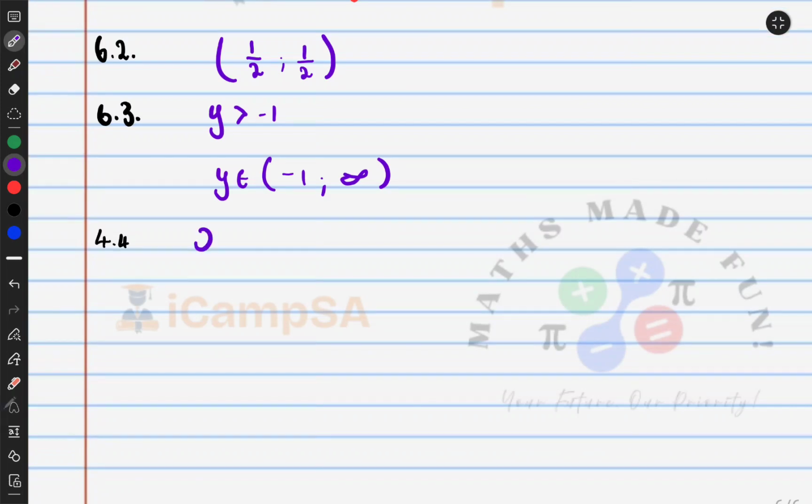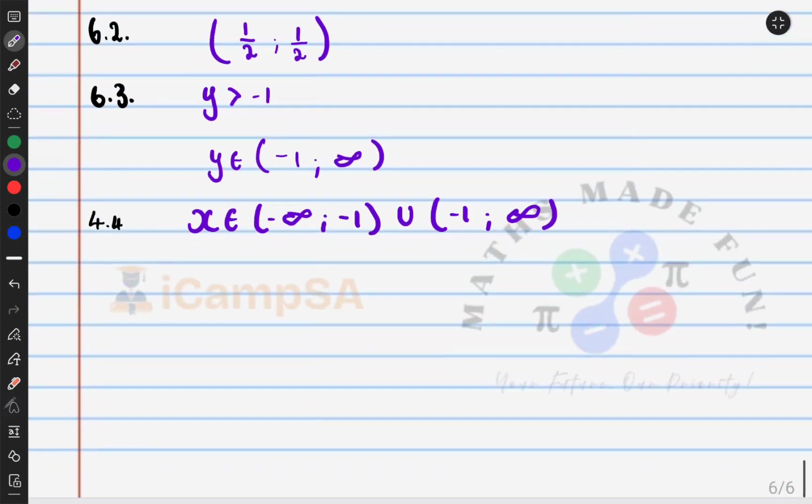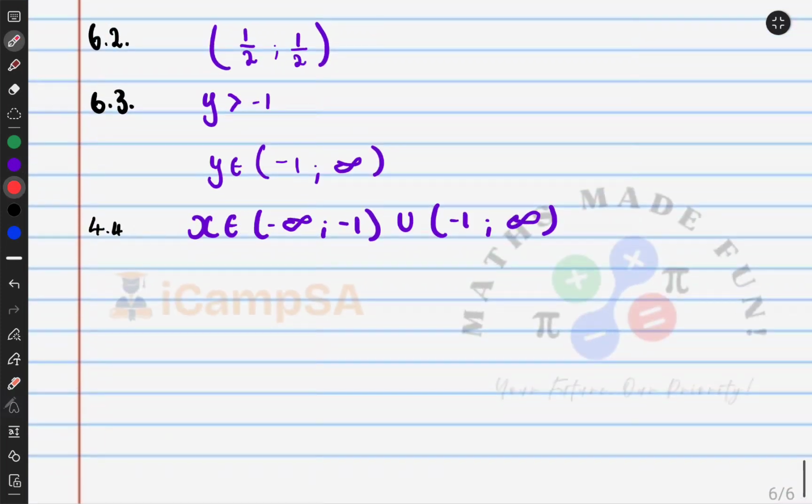So we're going to say x is an element of (-infinity, -1) union (-1, +infinity). That's one way. Or you can say x is an element of the real numbers, but x is not equal to -1. That's another way of expressing that.